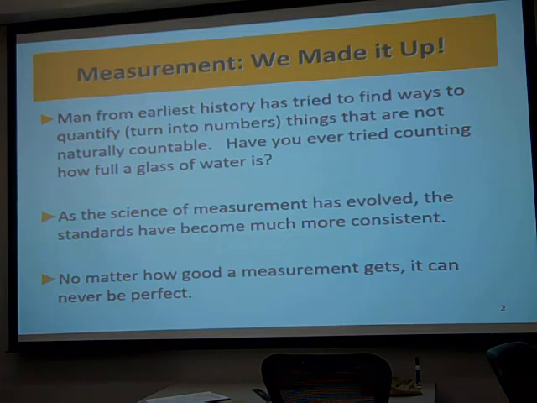So all measurement is a little bit arbitrary. It's a way of quantifying something, and not arbitrary in a certain sense, because there is a standard by which we measure, but it's something that we made up, something we try to quantify that's not easily quantifiable. We turn it into a number so that we can compare different amounts.